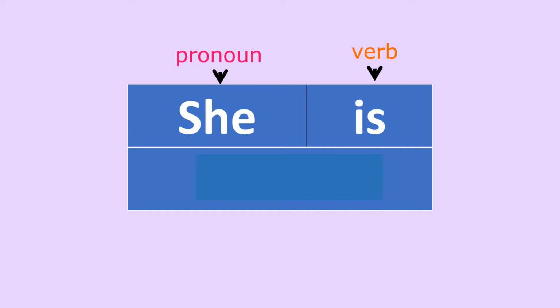The verb hasn't changed. The rule stays the same. So we squash the words together and we take out the i and use the apostrophe to show the missing letter. So she is becomes she's.